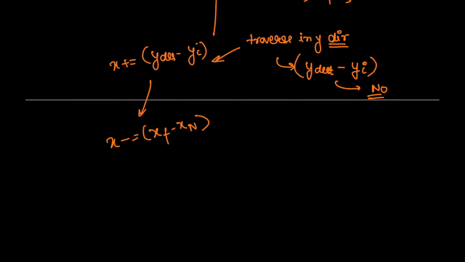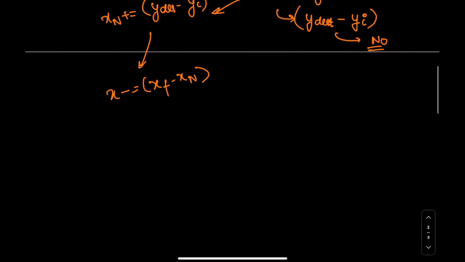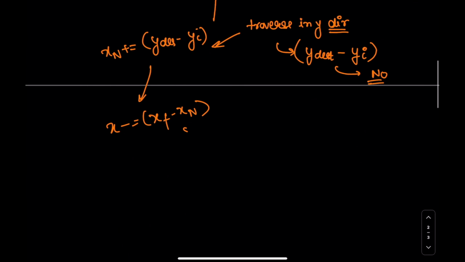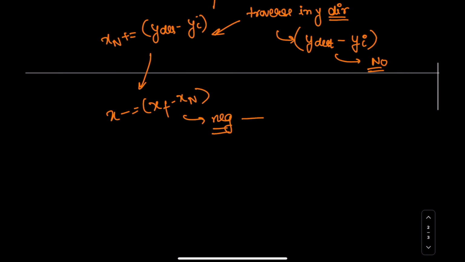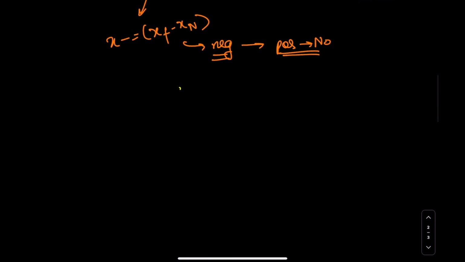Now this is the new x initial. We are here, so we need to go here. Now even this needs to be negative. If this is positive, then we cannot, then the answer is no. If this is negative, we'll just add those number of operations to our final answer. Right? If we got the approach, let's write a little bit of code.